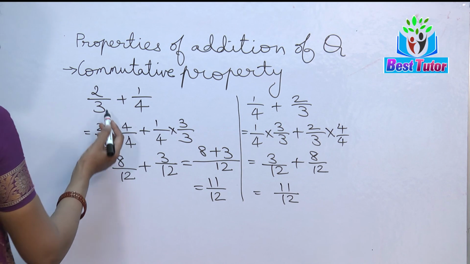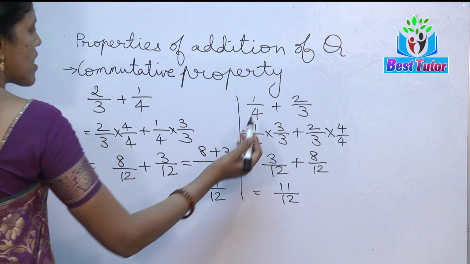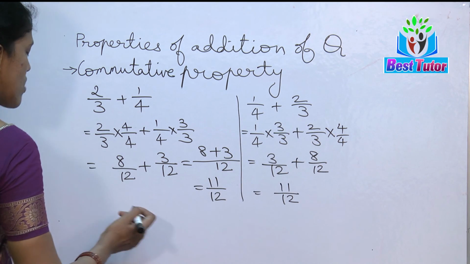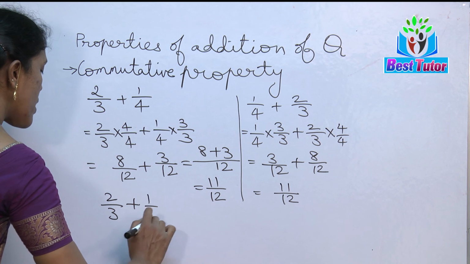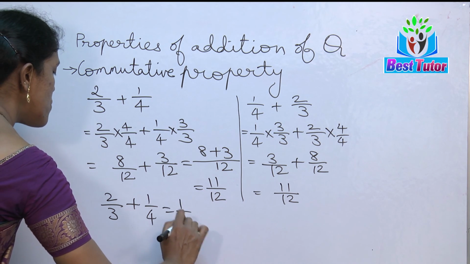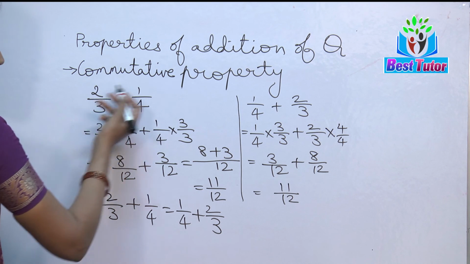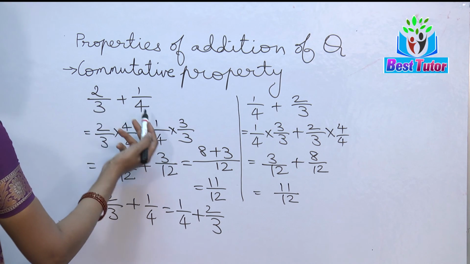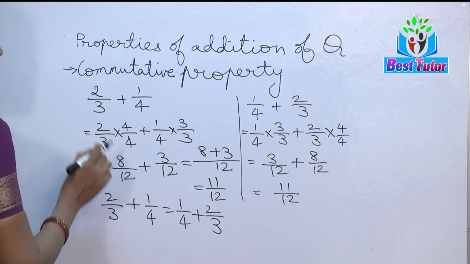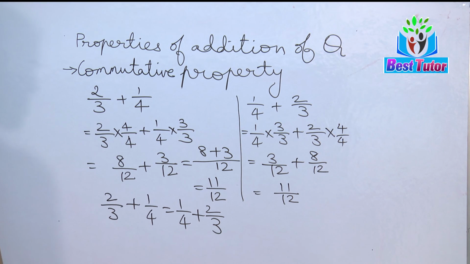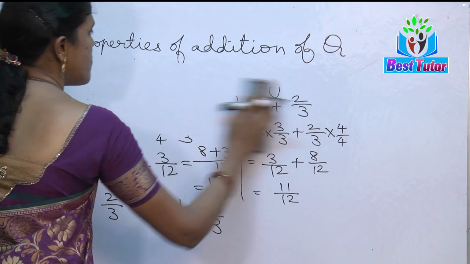If we observe, 2 by 3 plus 1 by 4 is equal to 11 by 12, and similarly 1 by 4 plus 2 by 3 is equal to 11 by 12. So, we can say that 2 by 3 plus 1 by 4 is equal to 1 by 4 plus 2 by 3. According to commutative property, the order of the rational numbers that are being added, even if it is changed, the solution remains the same. This is commutative property.